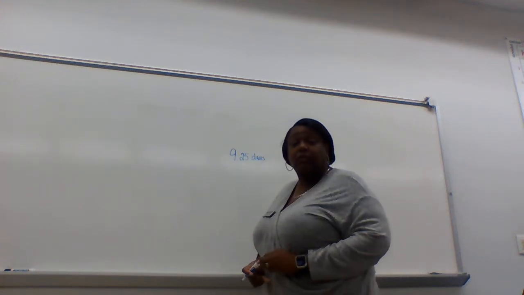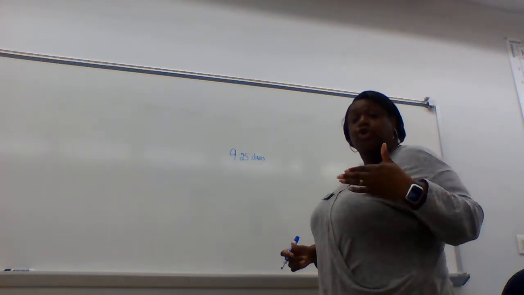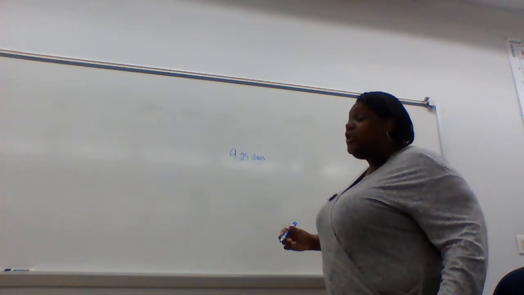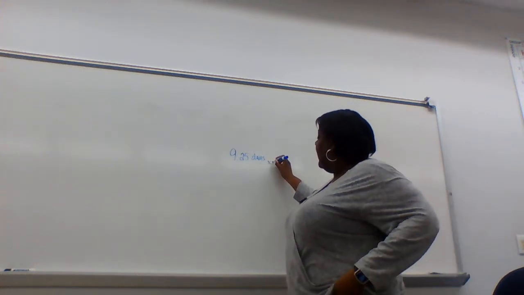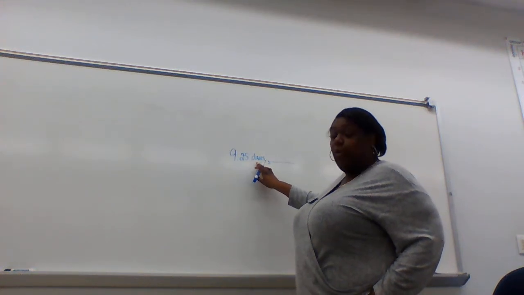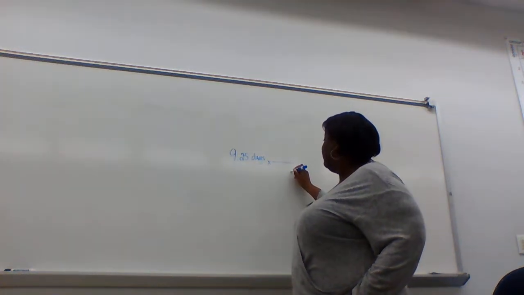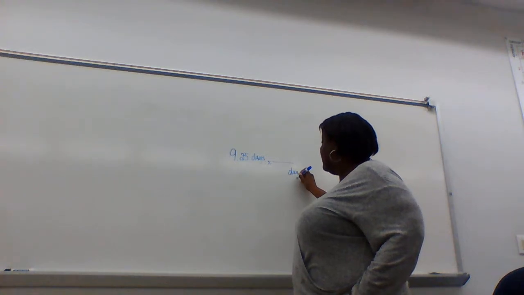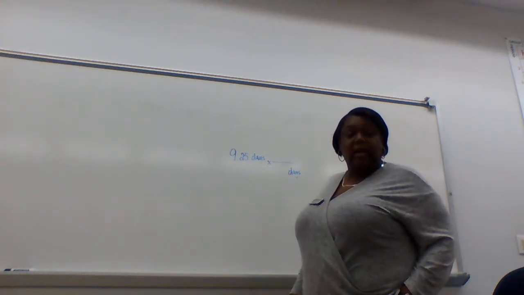And again, with dimensional analysis or unit conversion, your goal is to get the units to cancel out. And since this days is in the numerator, in order for it to cancel out, I've also got to have days in the denominator to get it to cancel out.